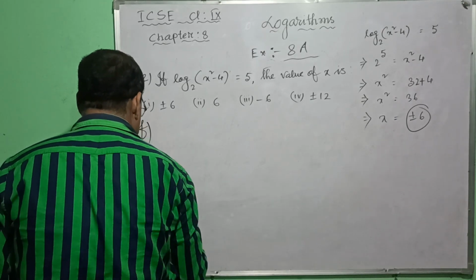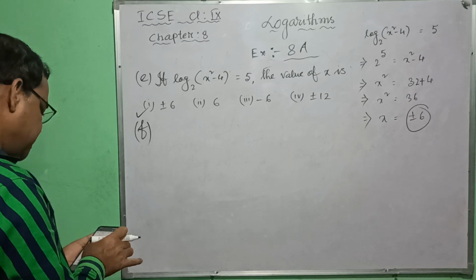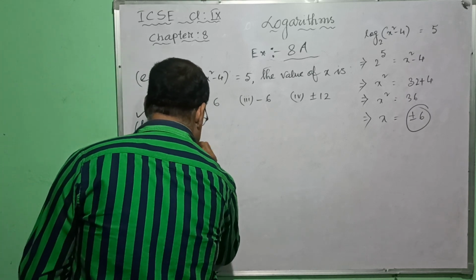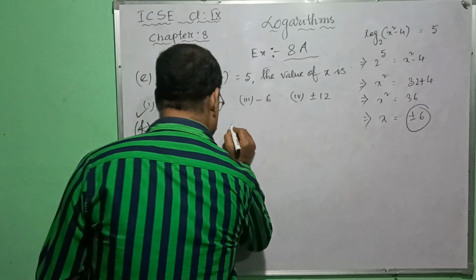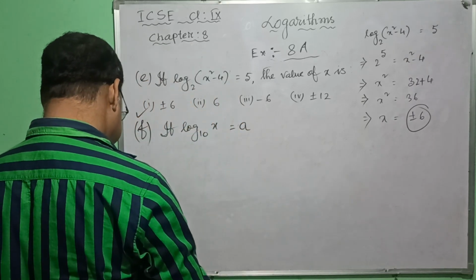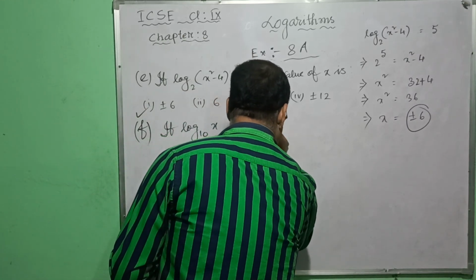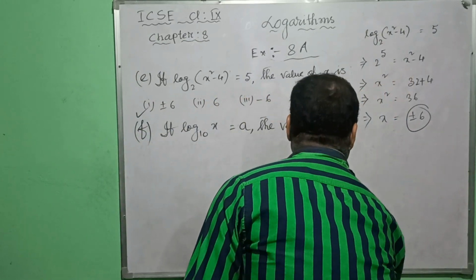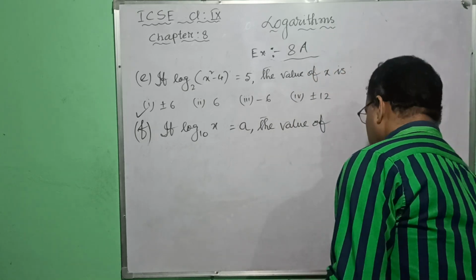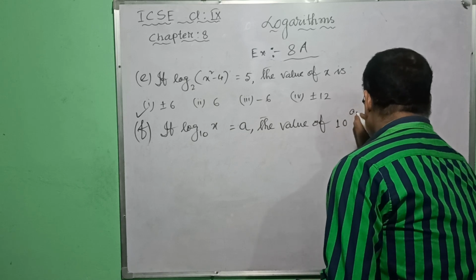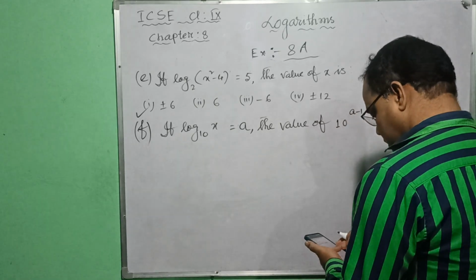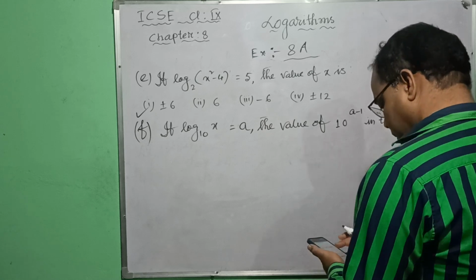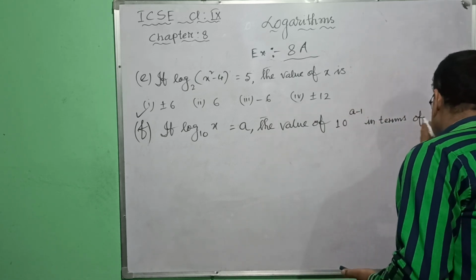Now the last one in MCQ, the last one is F. In F it is given: if log x base 10 equal a, the value of 10 to the power a minus 1 in terms of x is.